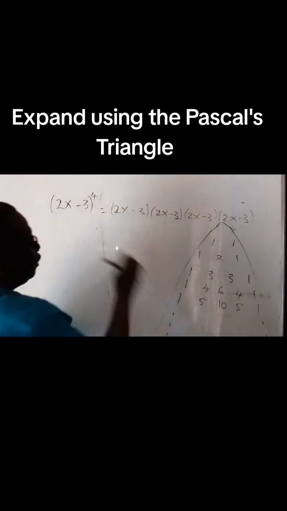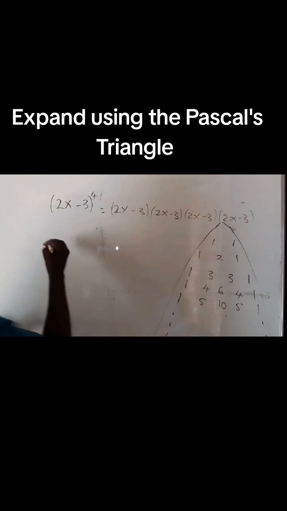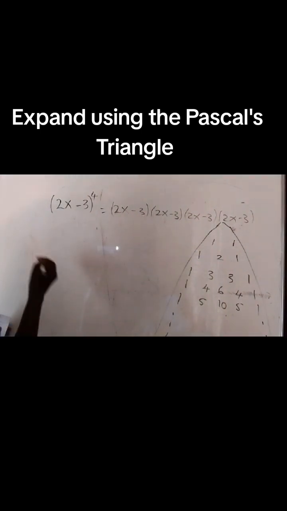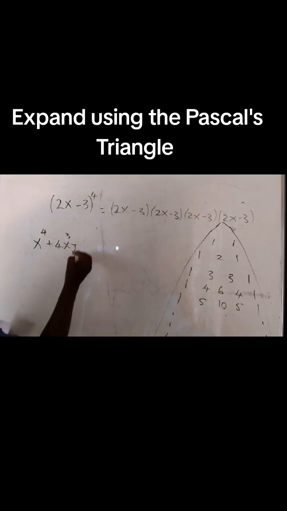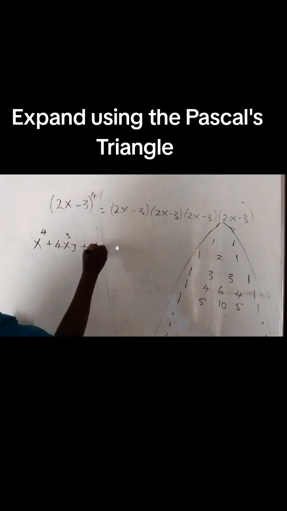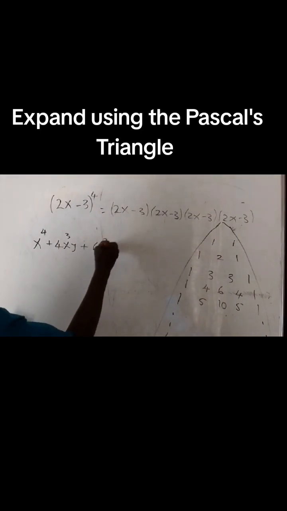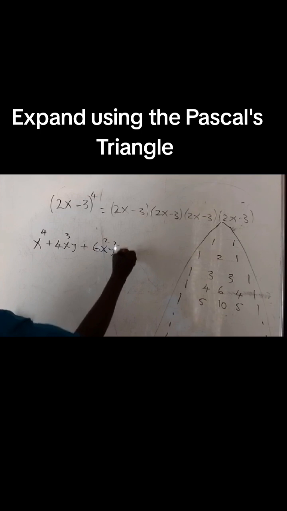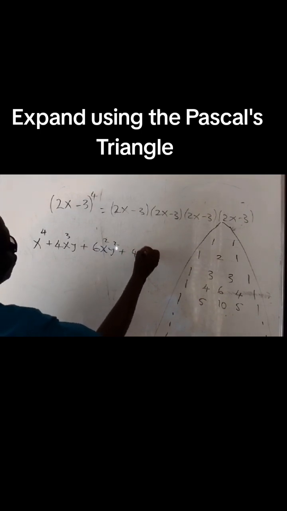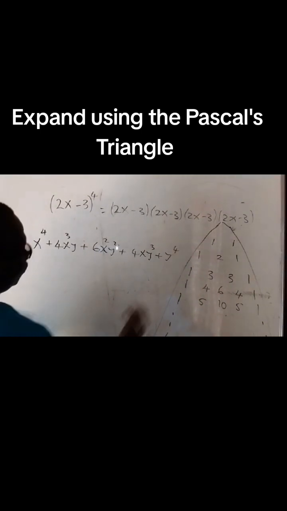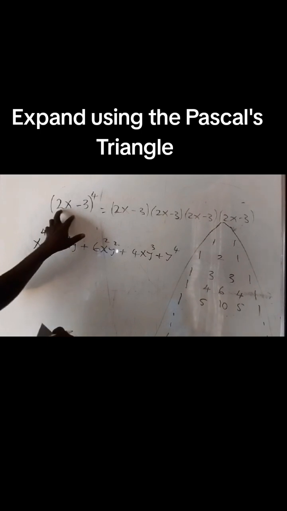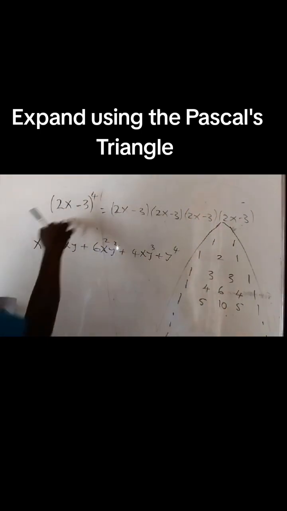Now our expression is on the fourth row, which is x to the fourth power plus 4x cubed y plus 6x squared y squared plus 4xy cubed plus y to the power 4. Now let us take these terms inside the bracket.